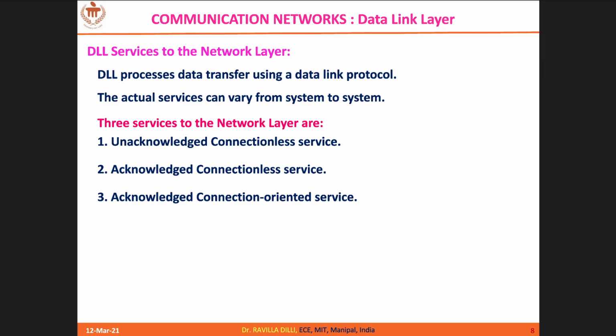So now let us understand why we do all this, when we go for unacknowledged connectionless, and when we go for acknowledged connection oriented. Can someone give an example of the first service, unacknowledged connectionless service? Streaming, live stream.